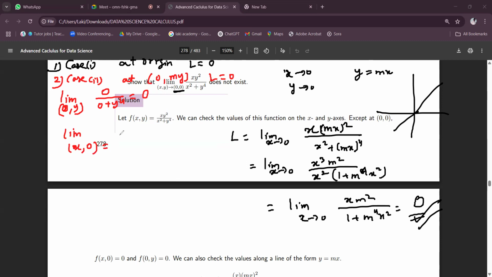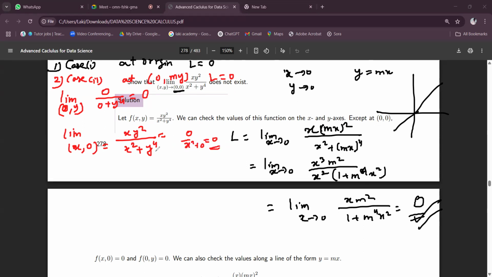So what will you get? When you put y = 0, you get 0 over x, which is equal to 0.